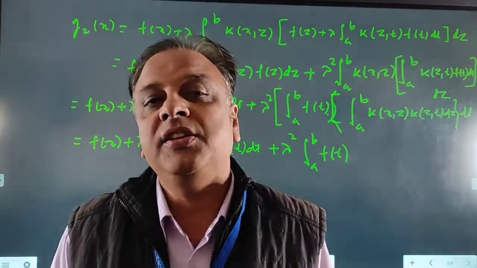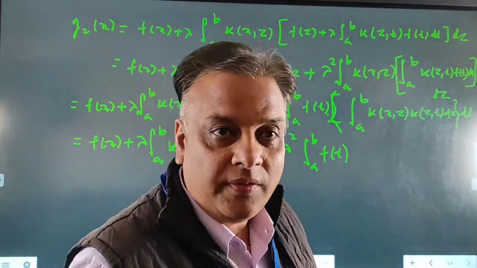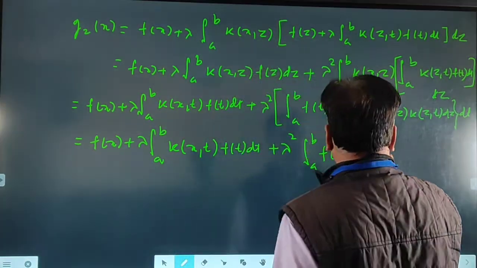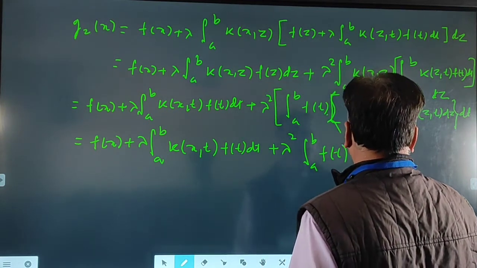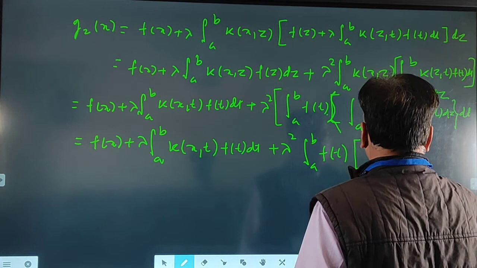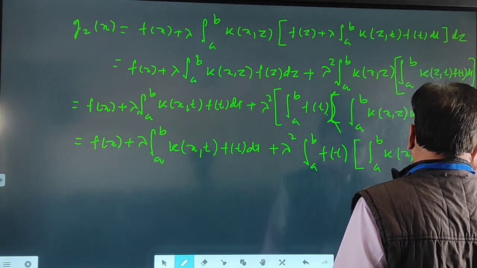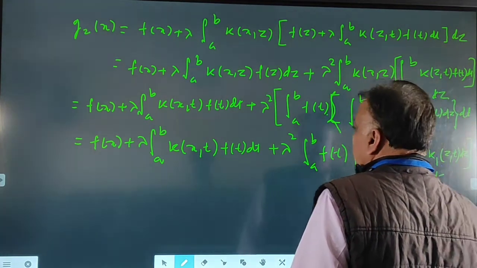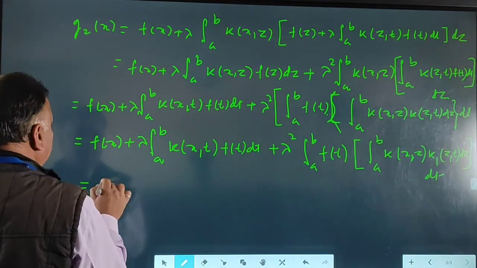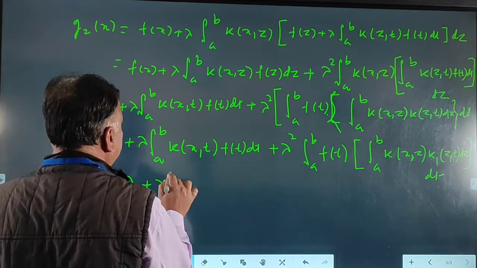As we know the first iterated kernel k1xt is equal to kxt, so this can be written as integral a to b kxz k1zt dz dt. So by the iterated kernel this is equal to fx plus lambda integral a to b kxt ft dt plus lambda square integral a to b ft.